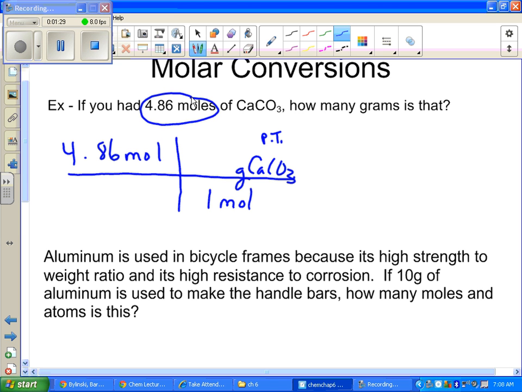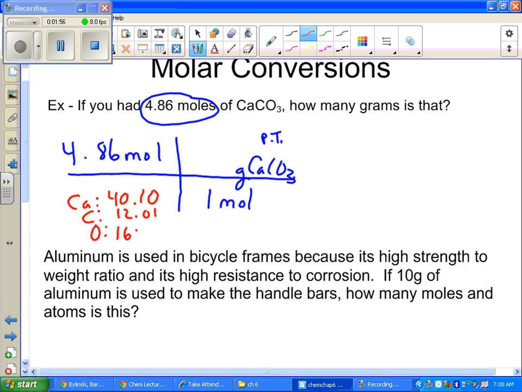So if I look up calcium, calcium is 40.10, if I round that up. Carbon, 12.01. And oxygen I like to round to 16.